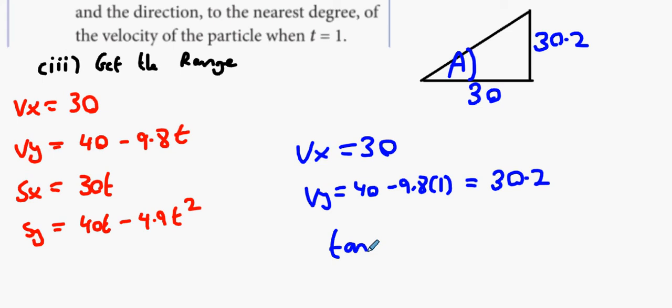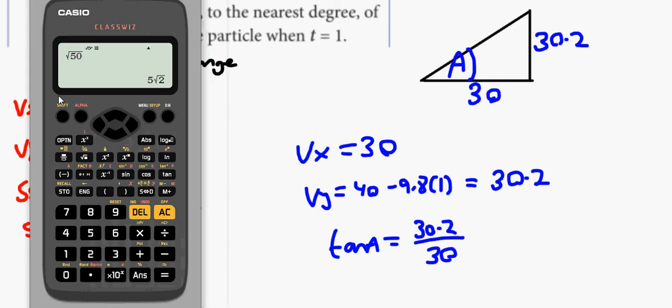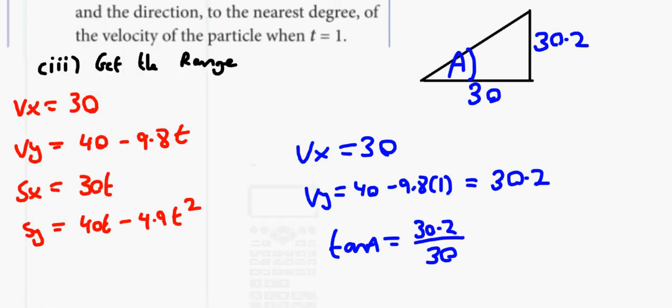Tan A equals opposite over adjacent, and then tan inverse that. Shift tan inverse 30.2 divided by 30. And a big one, make sure your calculator says D, not R or G. Always has to say D. And you should get 45.19 degrees. To the nearest degree, so 45 degrees, okay?